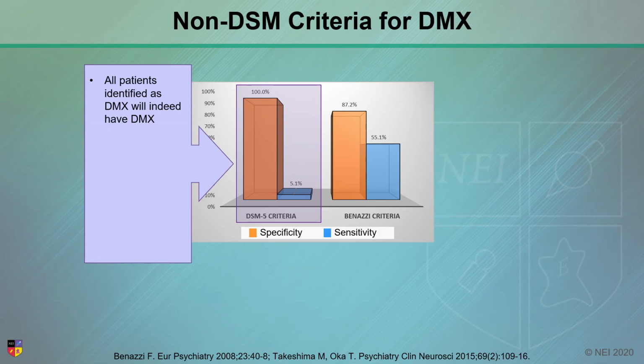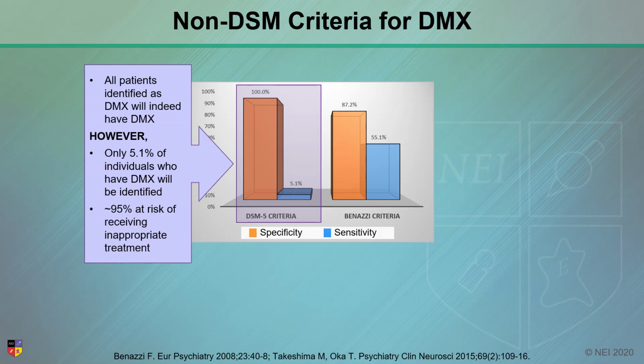However, only 5.1% of all the individuals with depression with mixed features will be identified because you're missing those other criteria. That leaves 95% at risk of receiving inappropriate treatment. So that's 100% specificity and 5% sensitivity for the DSM criteria for depression with mixed features.